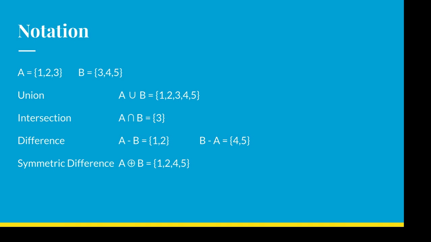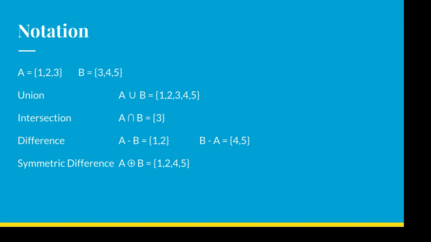So if we have A is 1, 2, 3 and B is 3, 4, 5, then the union, and you can see the notation for union there, the union of those two sets is 1, 2, 3, 4, 5. Now, you might notice that both A and B have a 3 in them. But when we write the union, we are also referring to a set.